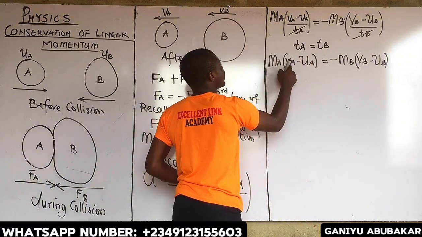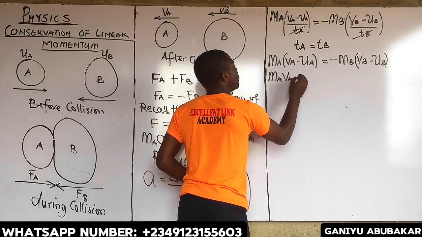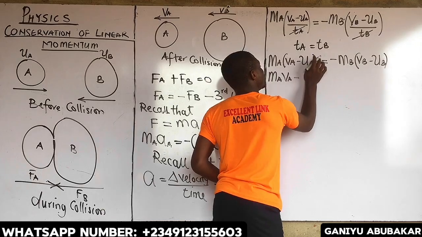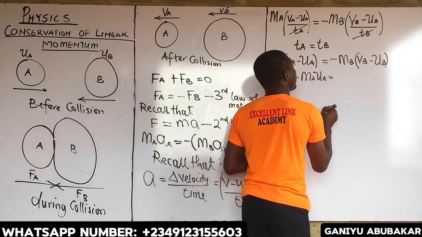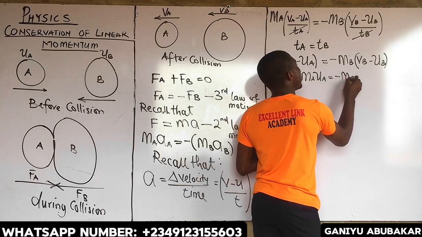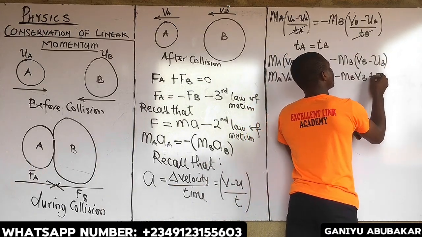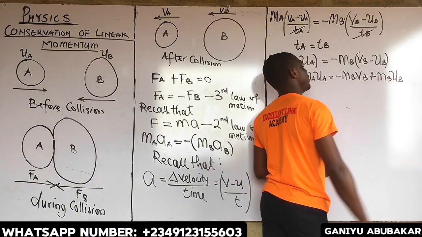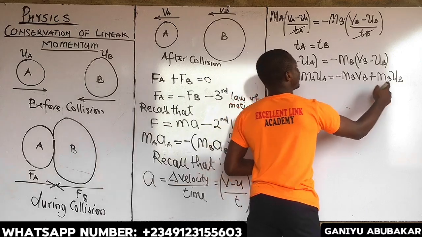I have MA VA minus MA UA is equal to minus MB VB minus, it is plus, MB UB.